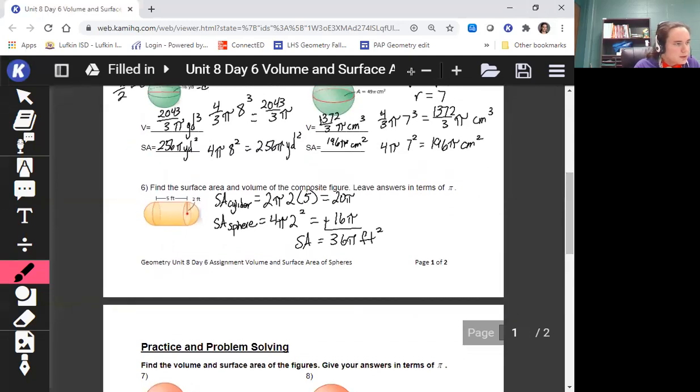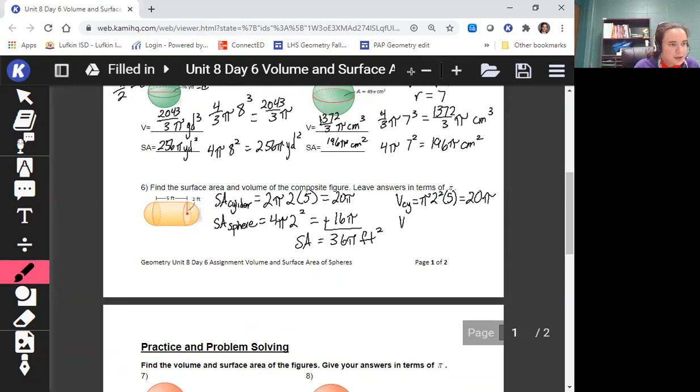So our volume for a cylinder, remember, is the area of your base times your height, and the area of your base is a circle, so pi r squared. So pi times your radius squared, so 2 squared times our height, which is 5. And that gets us 20 pi.